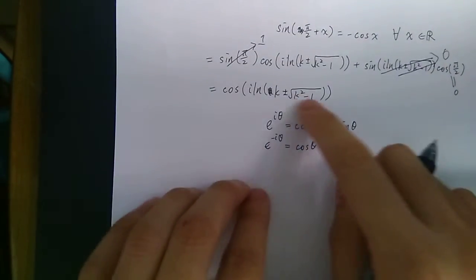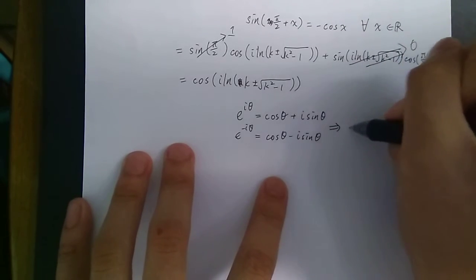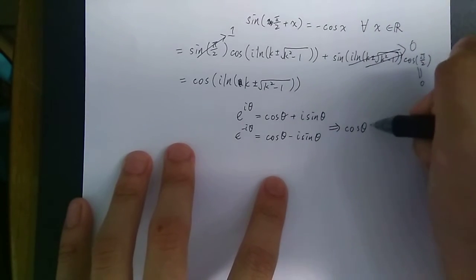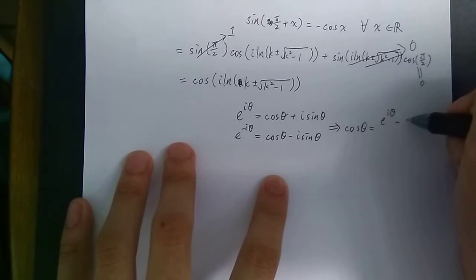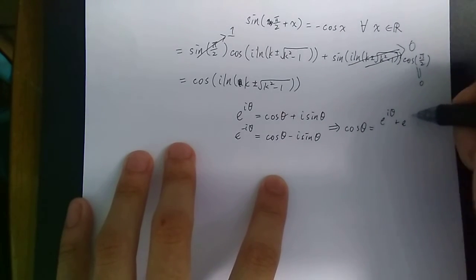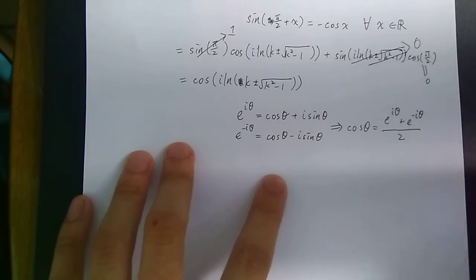And so, how do we find cosine in this situation? Cosine theta equals e to the i theta plus e to the negative i theta, over 2.